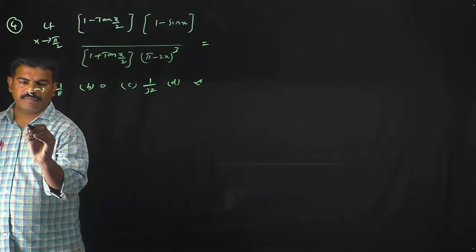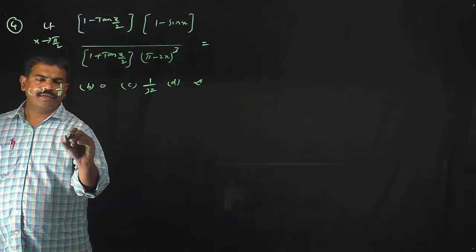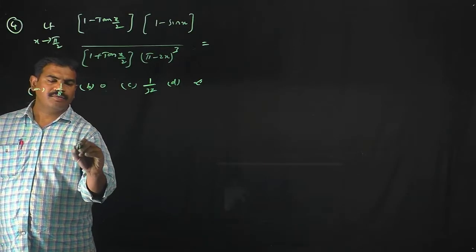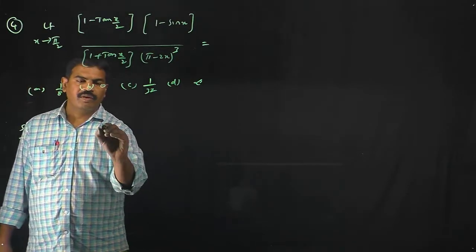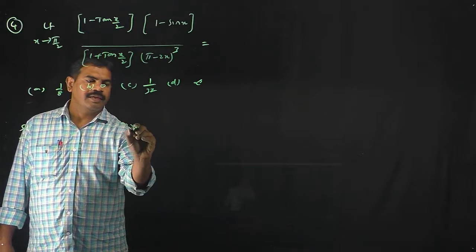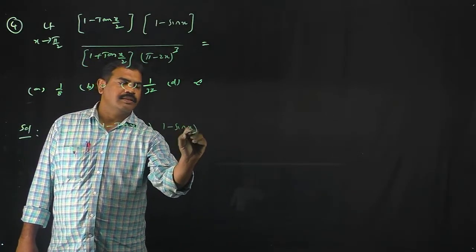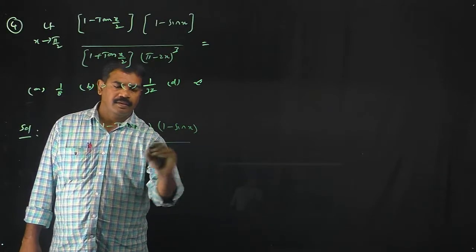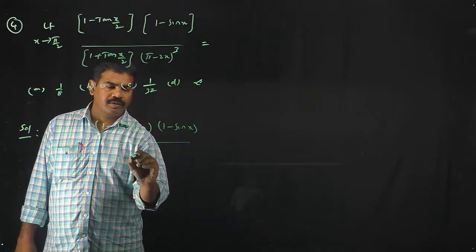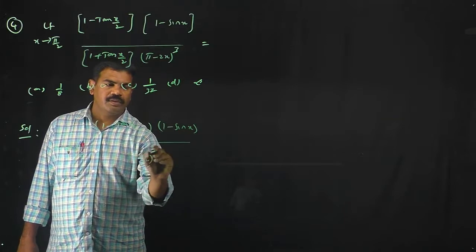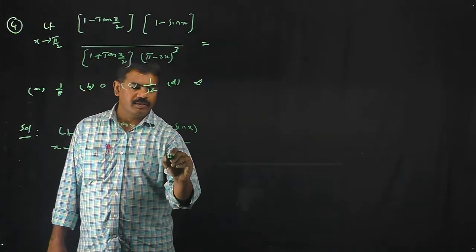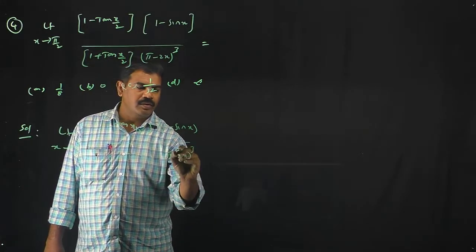Now take the problem: limit x tends to pi by 2, (1 minus tan x by 2) into (1 minus sin x) by (1 plus tan x by 2) into (pi minus 2x) whole cube.